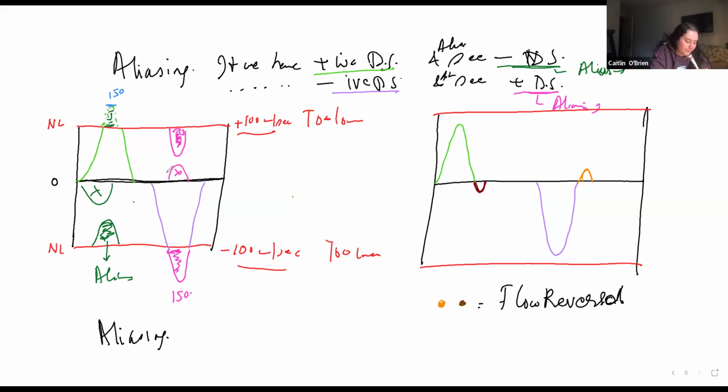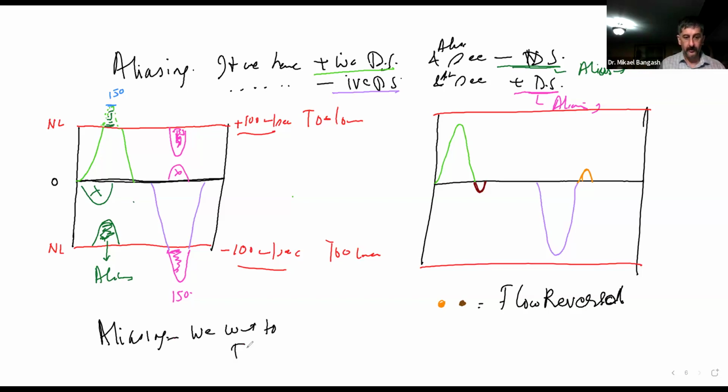So you can practically clearly say aliasing is a problem, something that we want to fix.